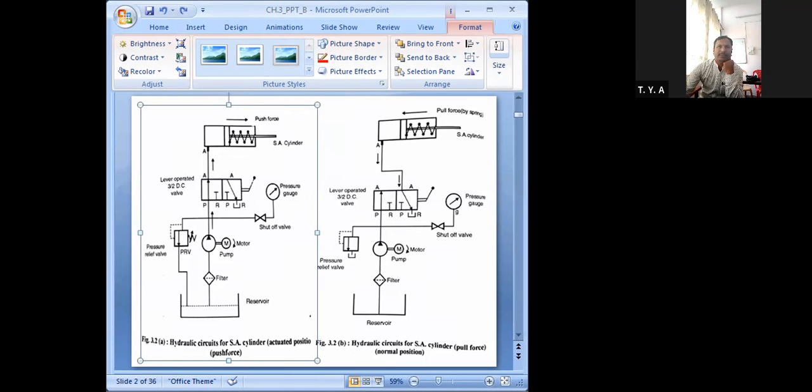Here a lever means it is manually operated. Then it is spring offset direction controller. So this is a hydraulic circuit diagram for the single acting cylinder.